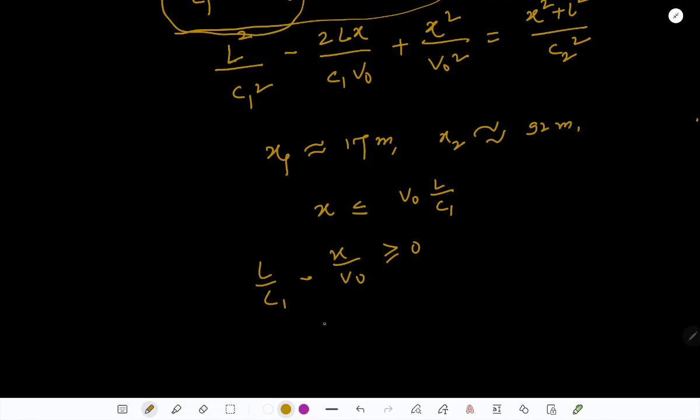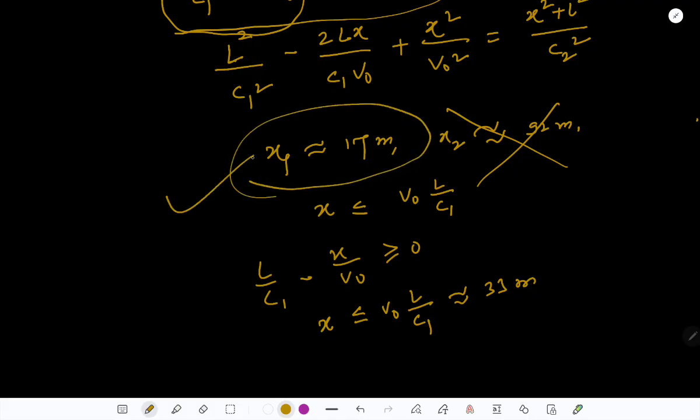Try to find out the value of v naught L divided by c1, and you will get its value approximately equal to 33 meter. That means the second solution doesn't work for us. This can be the only solution, and you can get your result.